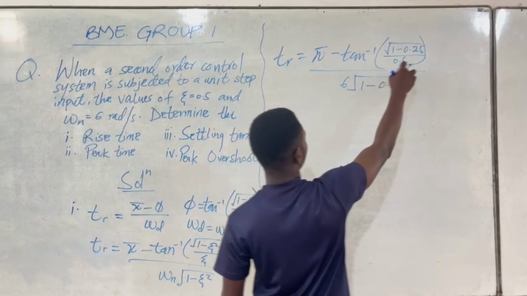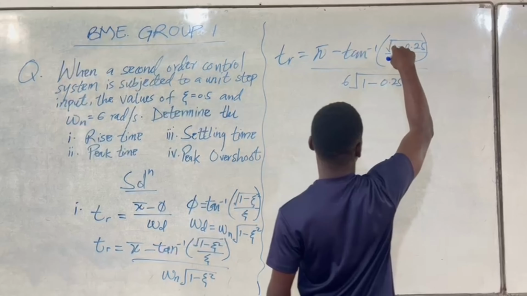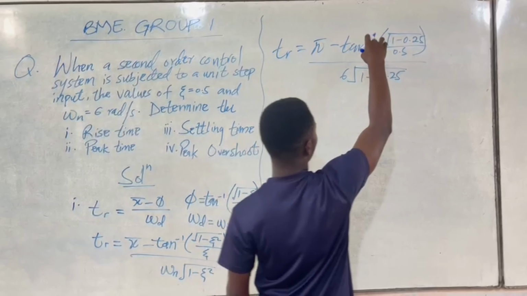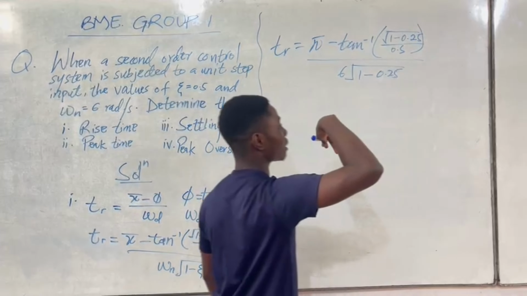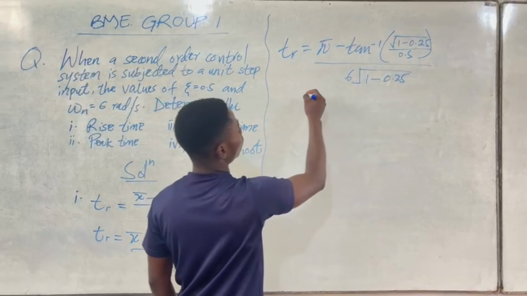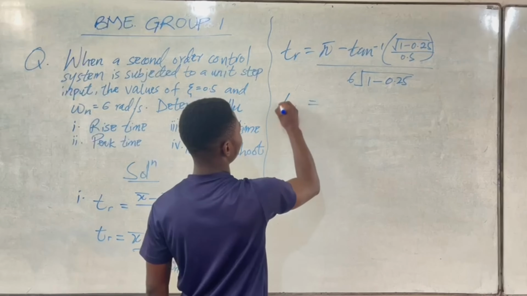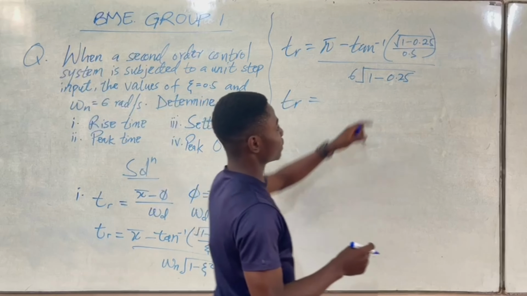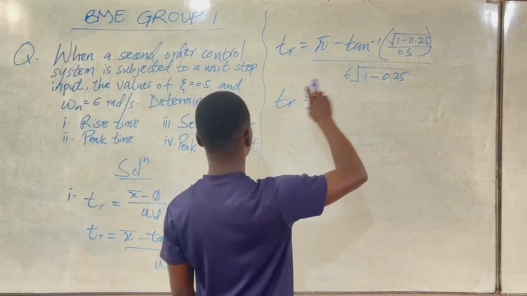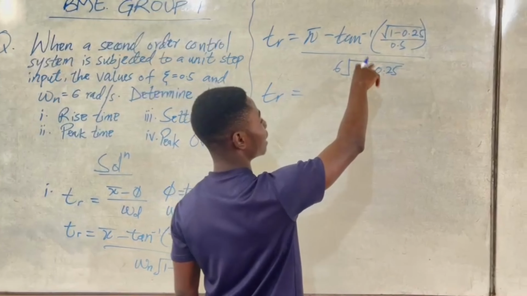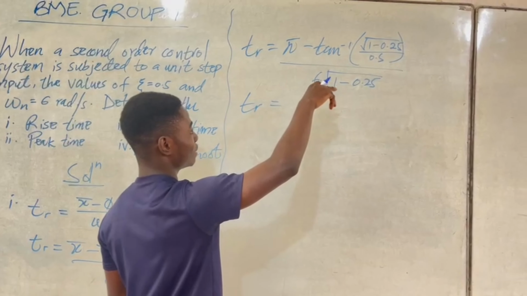If we evaluate the tan inverse section using the calculator, we are going to get 60. But we are working in radians, not degrees, so we change that 60 degrees to radians, which is pi on 3.